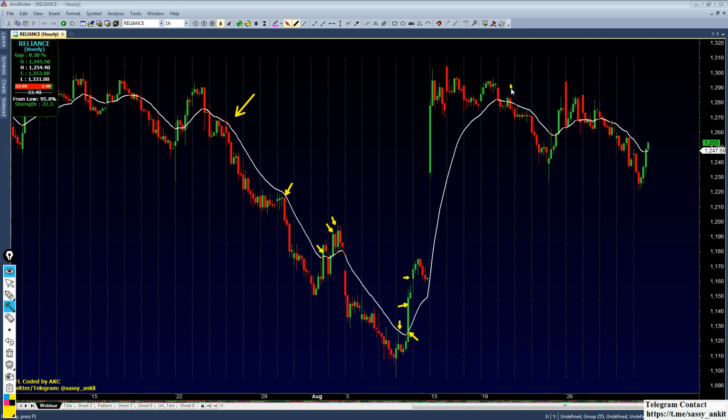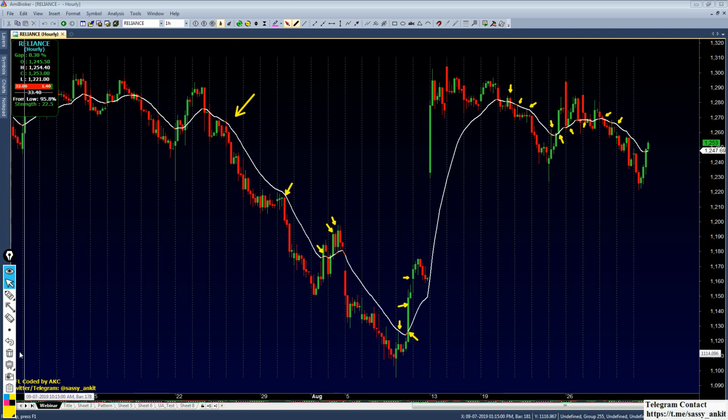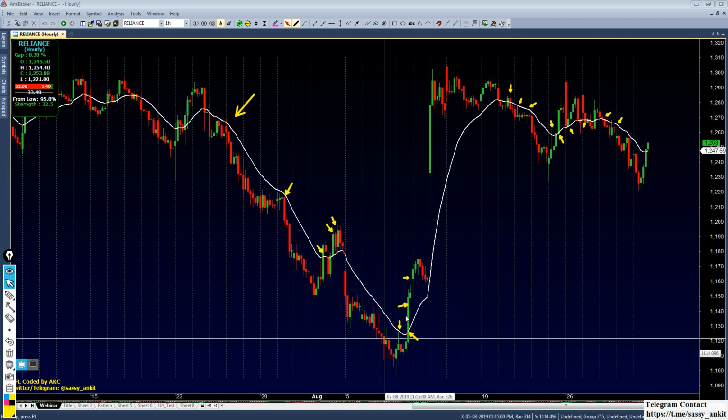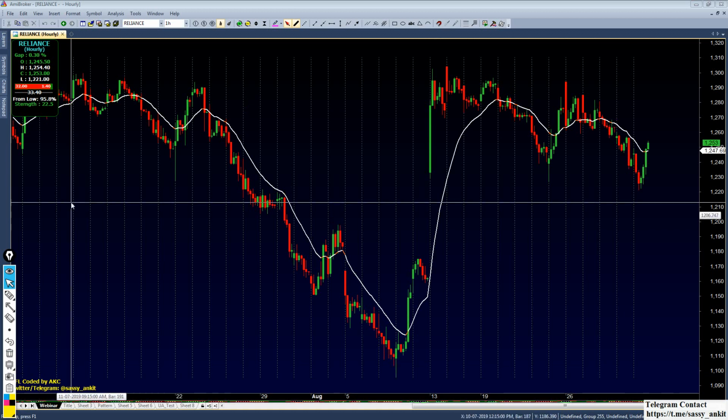Here also a fake out above the EMA line, resistance, moved down, took resistance, crossed with a volatile move, bounced back with a volatile move, holding the resistances and going down. So this way you can look for your dynamic trend line based on your EMA.